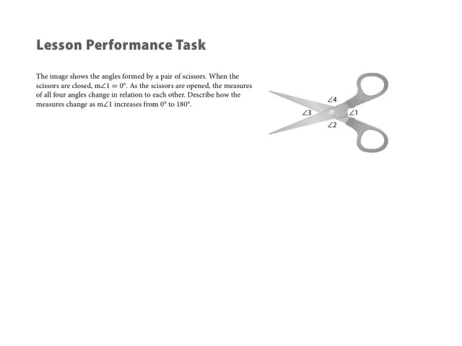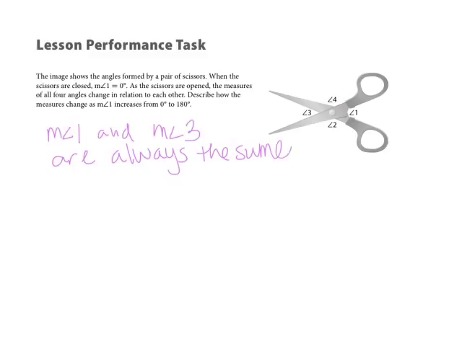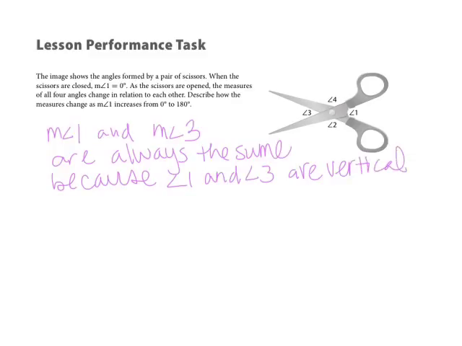Now, the measurement of angle 1 and the measurement of angle 3 are always the same. Why would that be? Because angle 1 and angle 3 are vertical, so they are always going to be equal to each other.